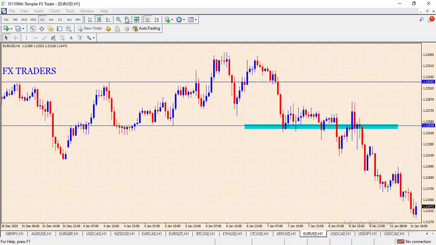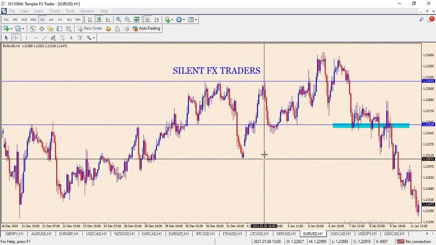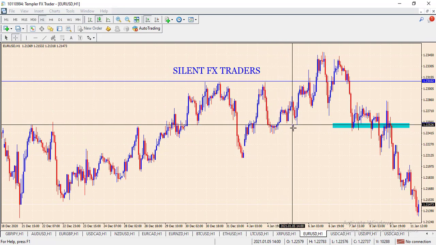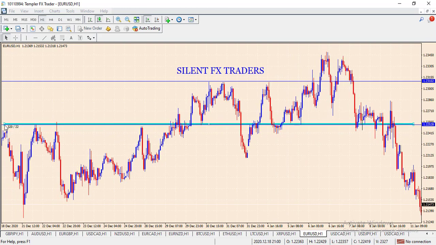Now, remember, this was our support level. Let me highlight this level. This was our support level. But due to the pressure of the sellers in the market, this level was broken and price dropped down to the downside.